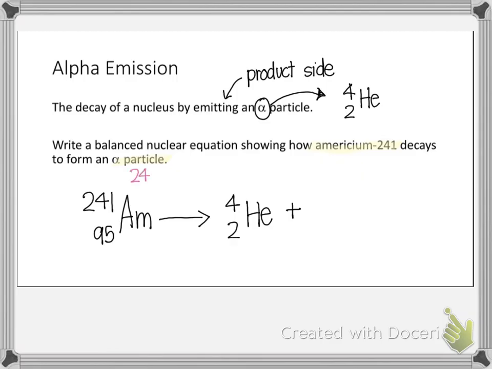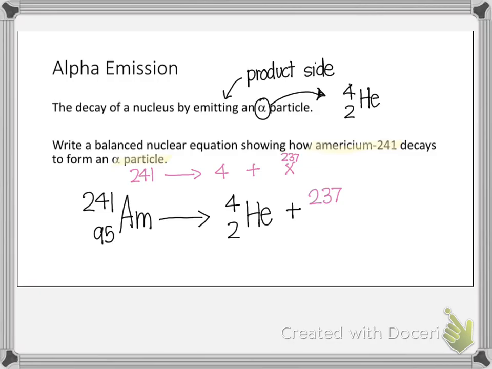This side has 241. This side only has 4 plus some unknown element. So let's see, what would that have to be? 237, right? So we'll put the 237 here because 237 plus 4 is 241.